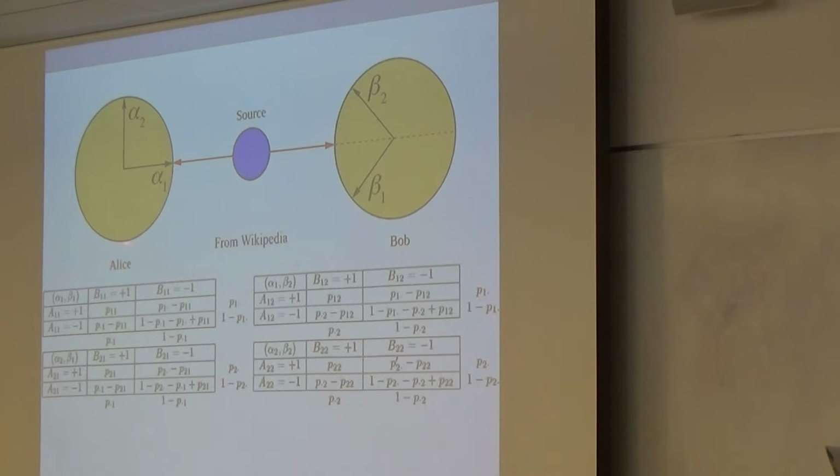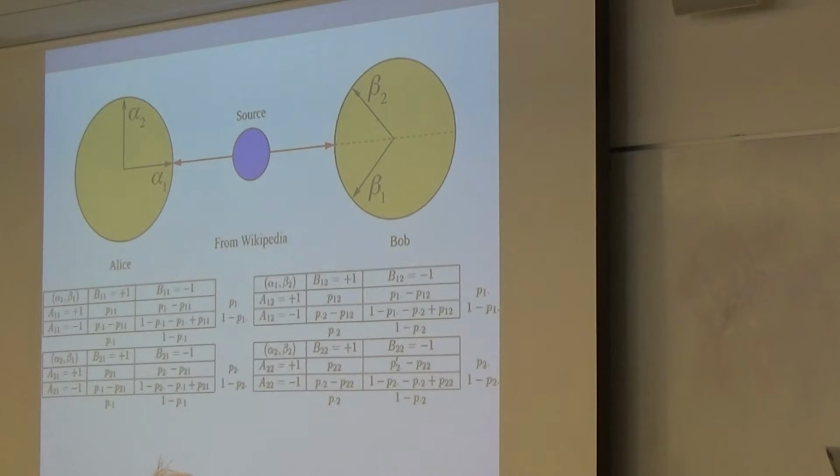I denote the outcome of the measurement made by Alice as A, and the outcome of the measurement made by Bob as B. If the particles are spin-1/2 particles, then these random variables A and B have two possible values each, spin up and spin down, denoted as positive 1 and negative 1.